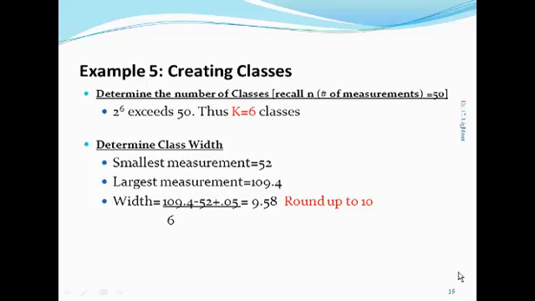In step 2, in determining our class width, we should have noticed that in our data set, 52 was the smallest measurement, 109.4 was the largest measurement, and so our class width should be computed as our largest measurement, 109.4, minus our smallest measurement, 52, plus 0.05 divided by our k value, which is 6.